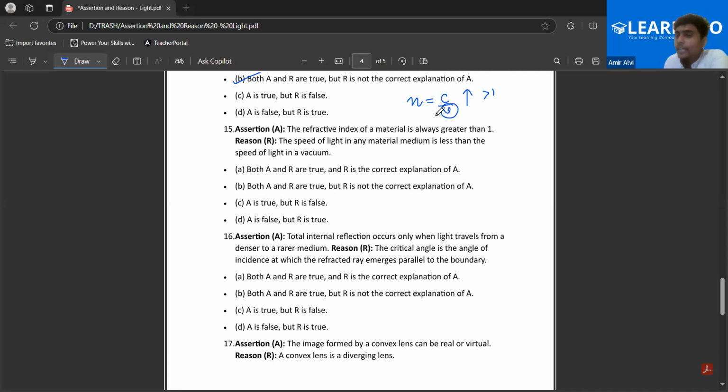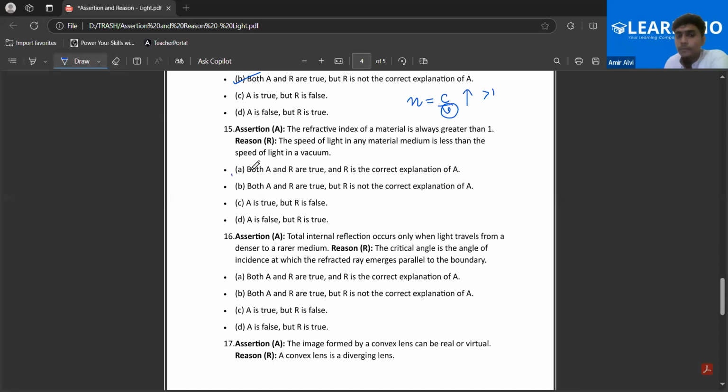Because if we are dividing the speed of light by a smaller value, it will always be greater than 1. Everyone, yes or no? Right? Yes. So it means that it is giving the explanation for why it is greater than 1. So option A is correct.